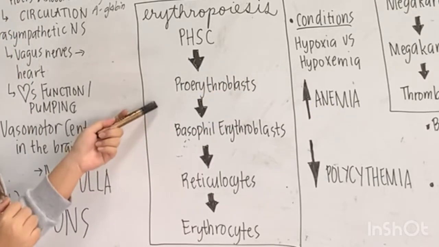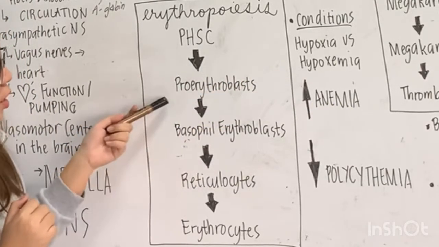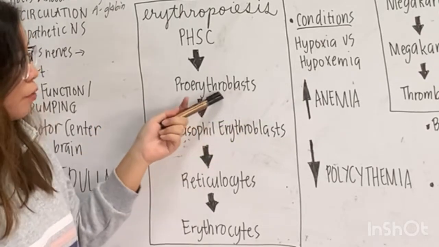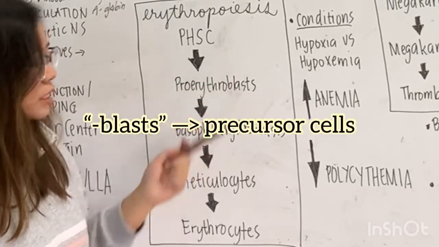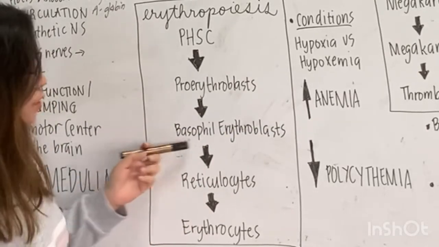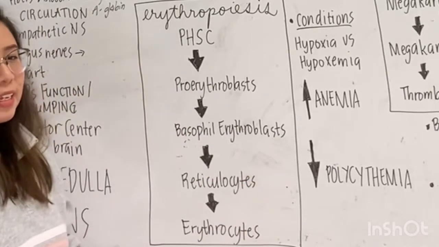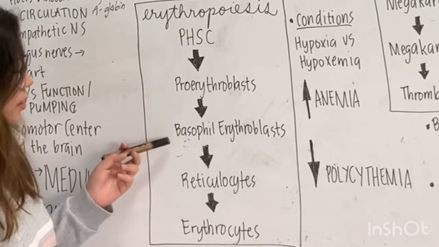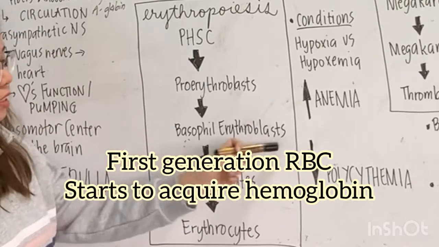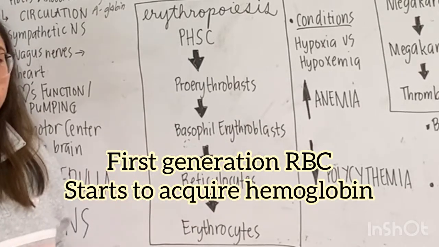Then it will form the proerythroblast, which is a precursor cell. If you see the suffix blast, then it is a precursor cell. Then it becomes the basophil erythroblast. This is your first generation RBC, and in this phase, it starts to acquire some hemoglobin.